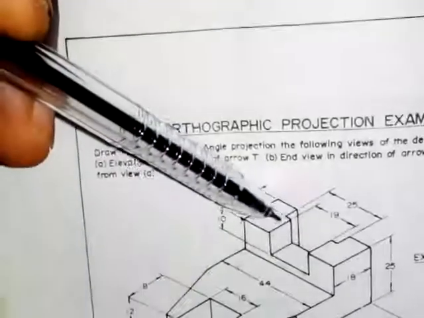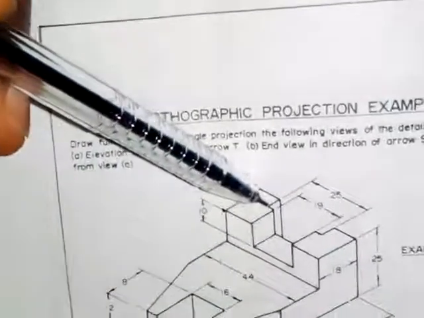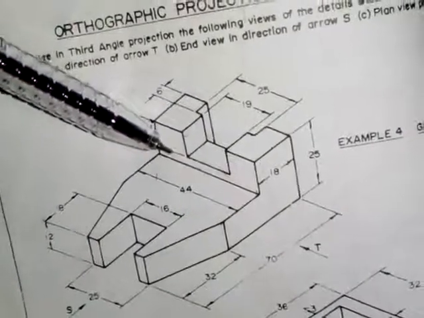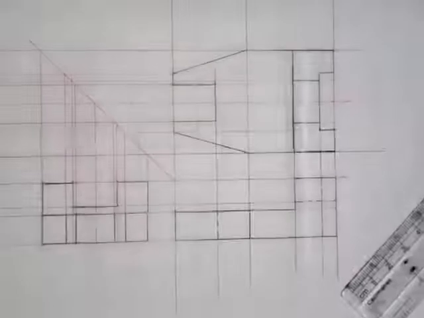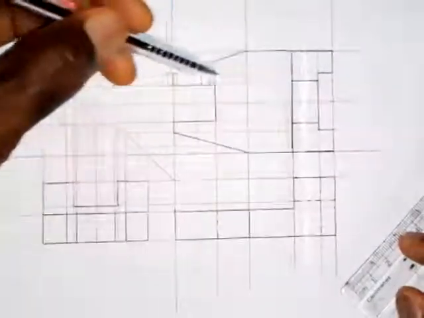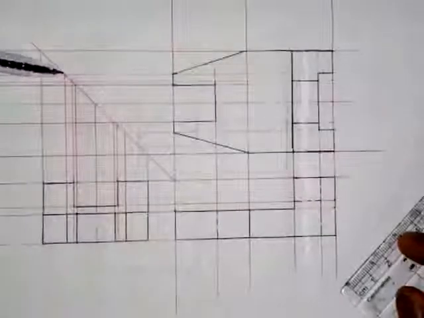This point, this cut here, will be hidden around here. We can't see it. It will be hidden from us, so we have to show it. Where is it found here? For this one, I need to follow it like this, coming down like this.